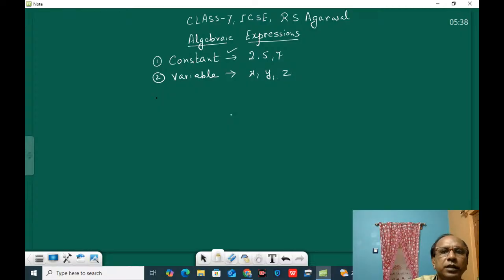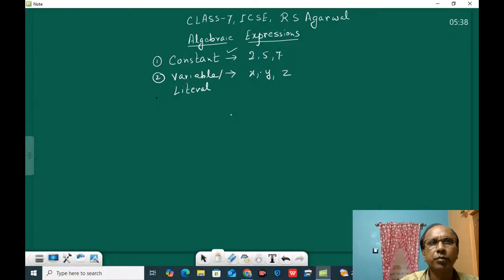Now we learn that we can perform operations on numbers and literals. Variables are also known as literals, but the most common word is variable.